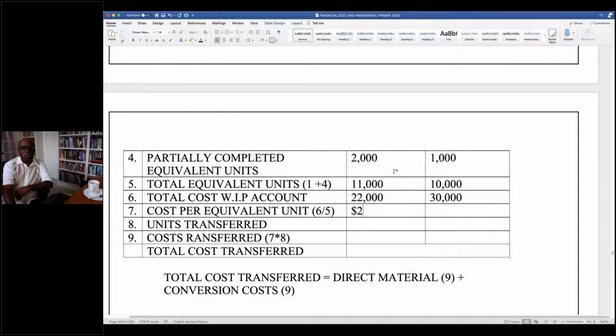So for the raw material, we just divide these to get an equivalent unit cost. So our cost per equivalent unit is $2 for raw materials, $3 for conversion cost. How many units were transferred? We said it's complete, 9,000. We're bringing 9,000 back down.